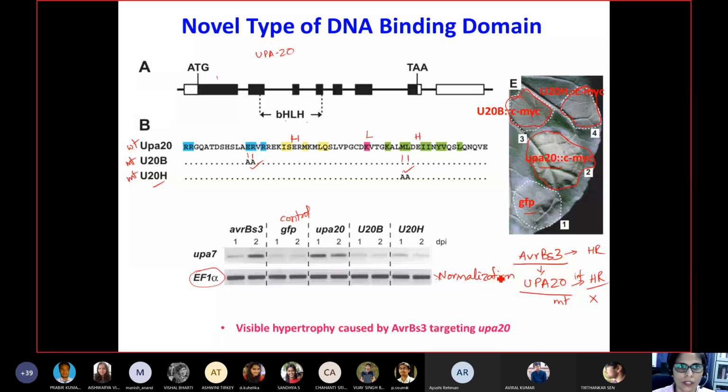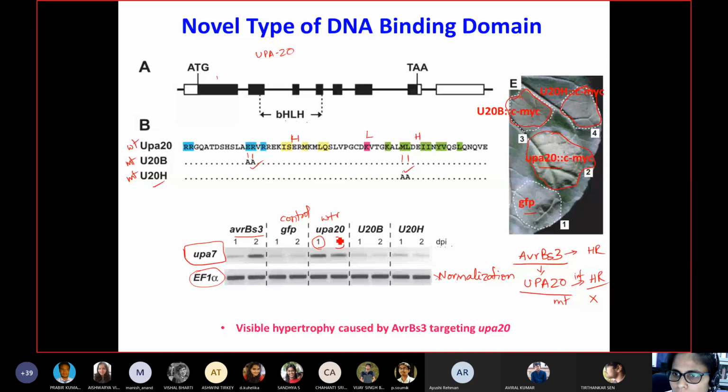So this is RT-PCR normalization, and once you see GFP, there was another protein called UPA7. That was giving a very prominent response only when AVR-BS3 was infected, or when wild type UPA20 was infected into the plant. So in these cases, you have days post infection, so this is one day or after 2 days.